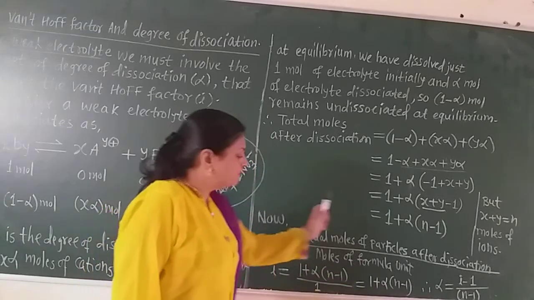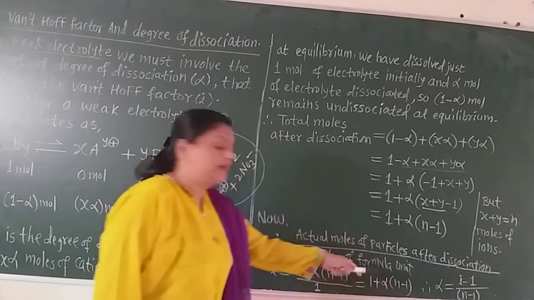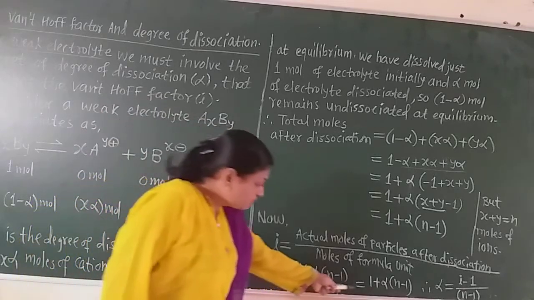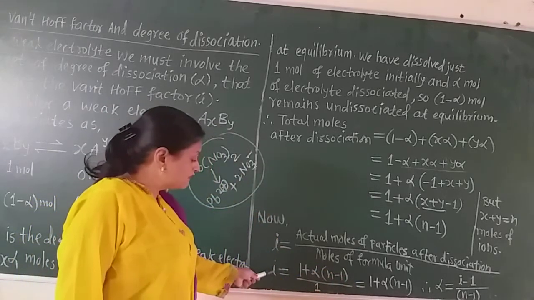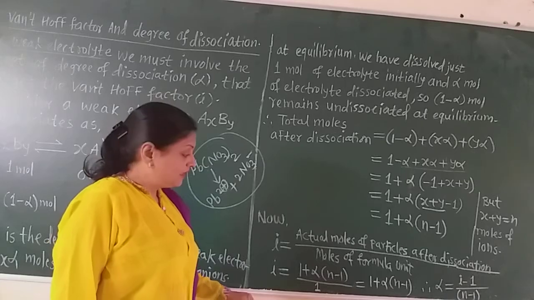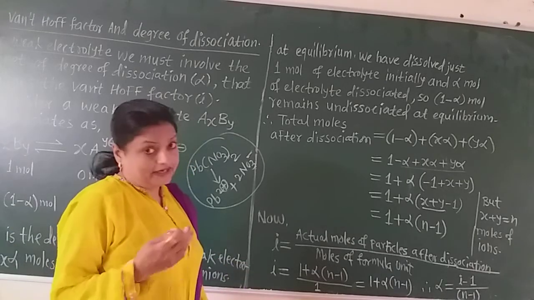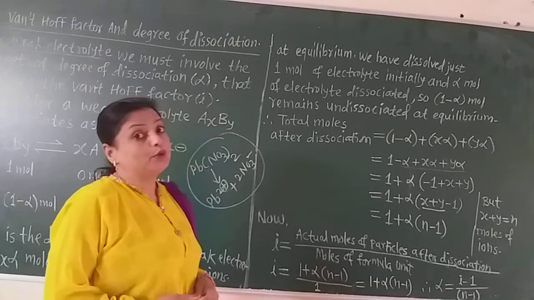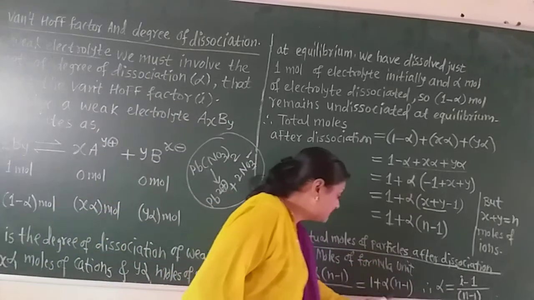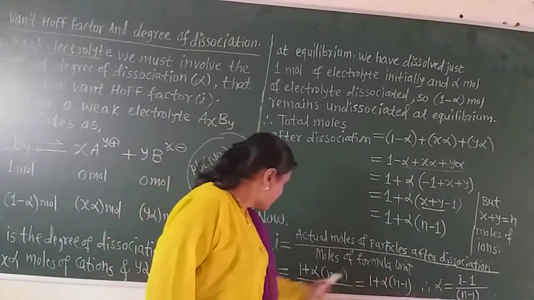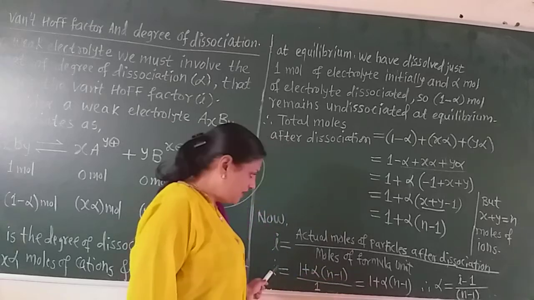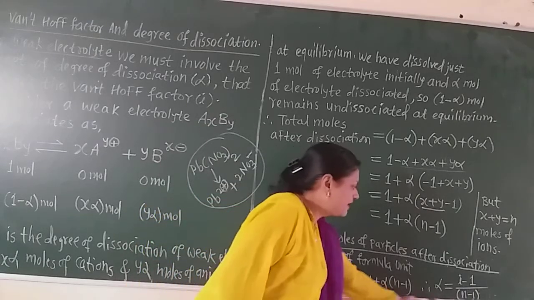So i is equal to 1 plus alpha (n minus 1). Now taking this 1 to the left, it becomes i minus 1 is equal to alpha (n minus 1). If we want to calculate alpha, it becomes alpha equal to i minus 1 divided by n minus 1.